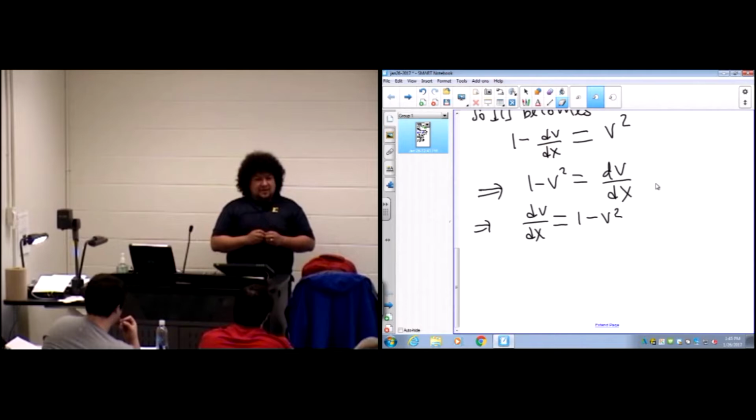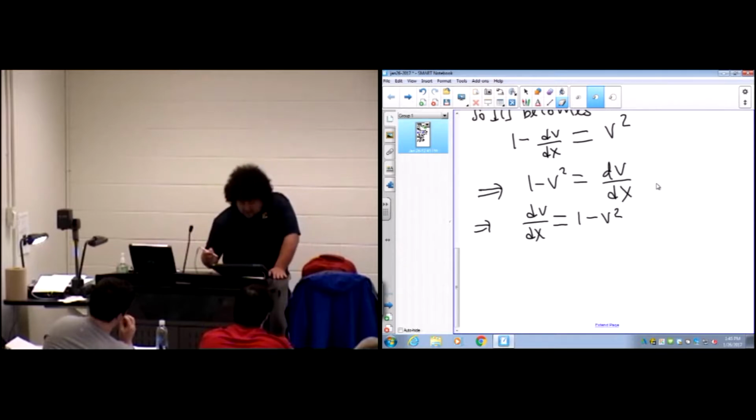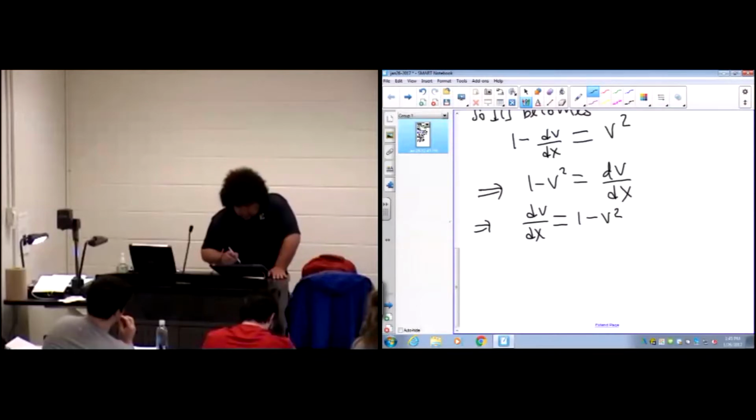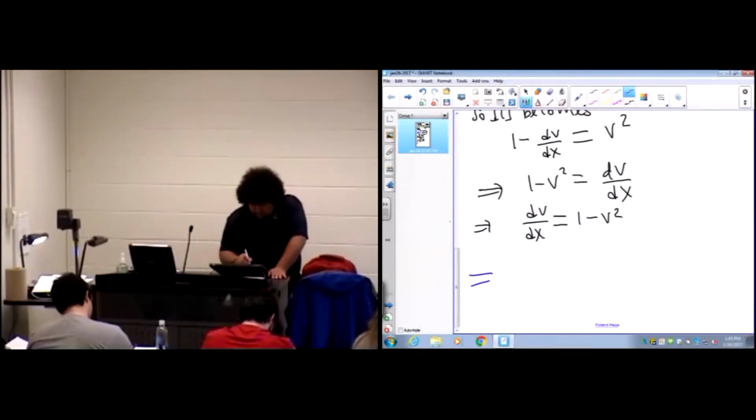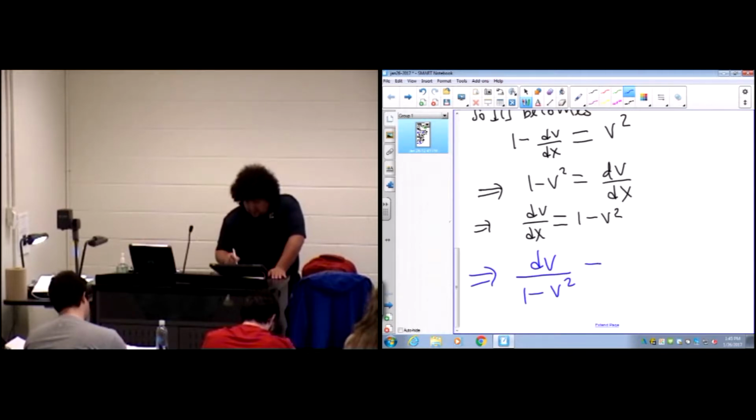Separable equations. This is not linear, so we wouldn't use an integrating factor, but we can use separation of variables. So we could write the expression in terms of v on the left-hand side, and on the right-hand side, we would write the expression in terms of x.